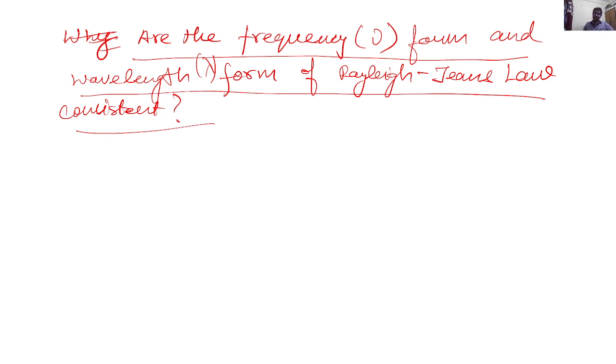B lambda T is actually a differential of the power emitted by the body.